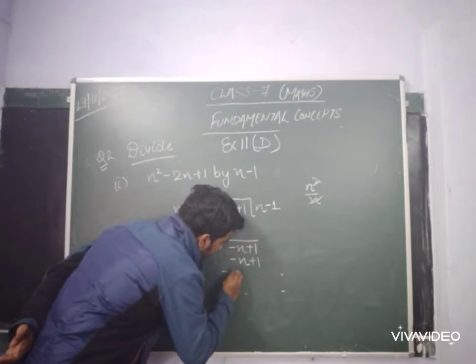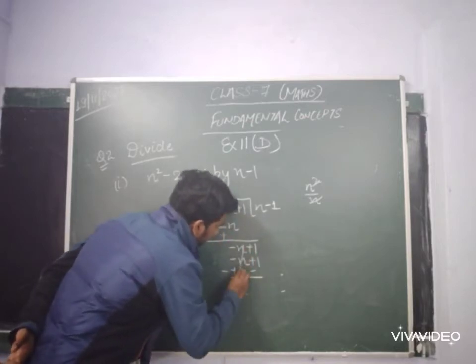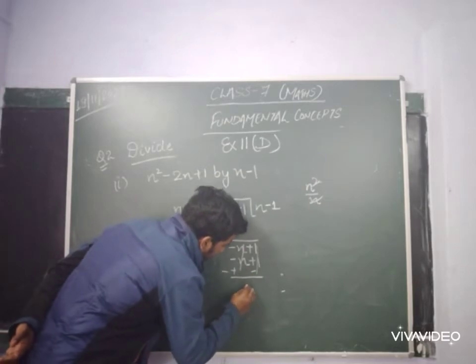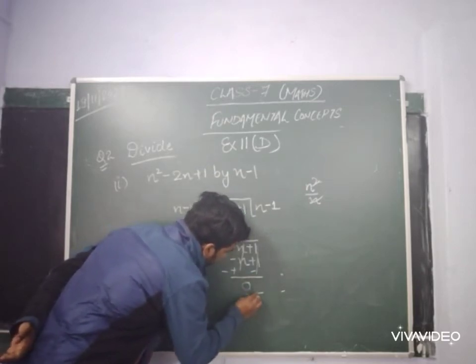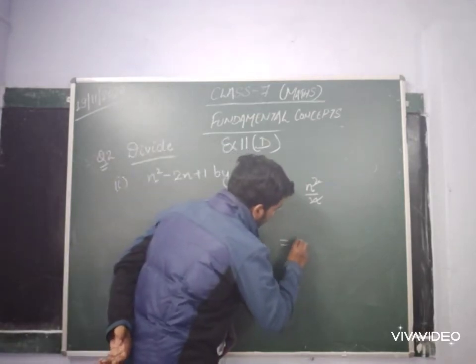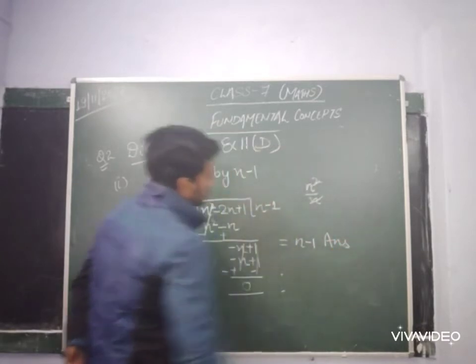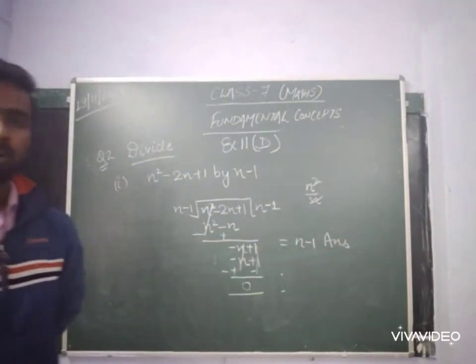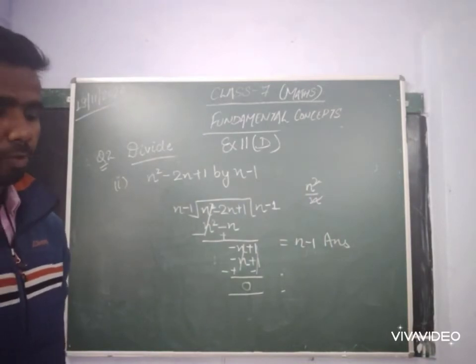Sign will be changed. This will be plus and this will be minus. So this and this have been cancelled. Remainder is 0 and our answer is n minus 1. So I hope you have understood. Take a look and we will move on to the next part.